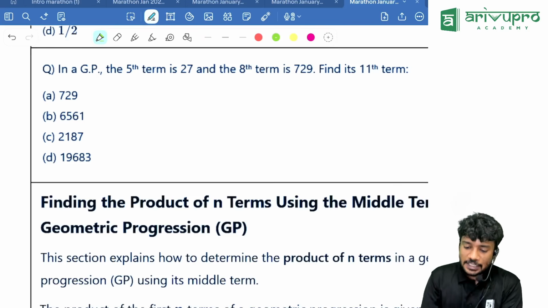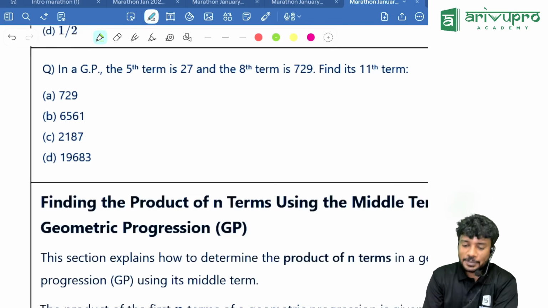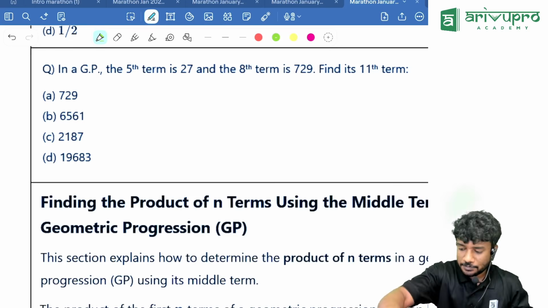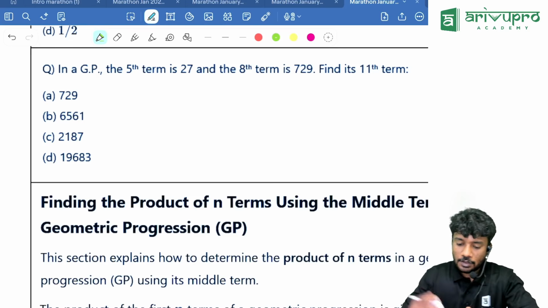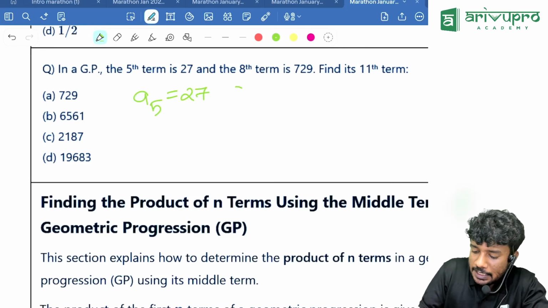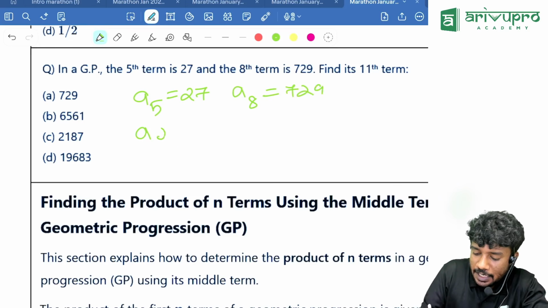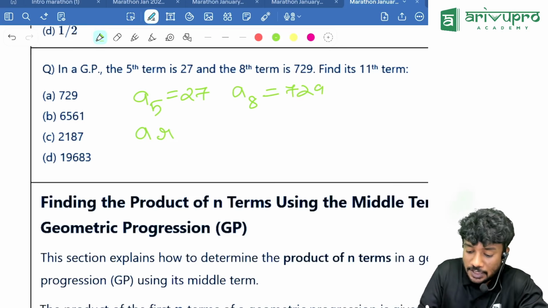Solve this for me. Fifth term of a GP is 27. Eighth term is 729. Then the 11th term is how much? A5 is 27, A8 is 729. A5 means AR raised to 4, which is equal to 27.